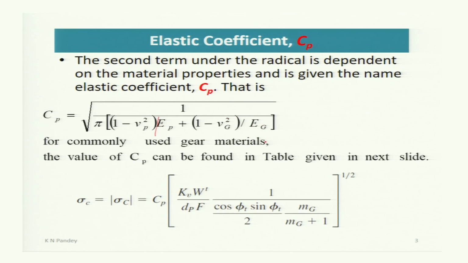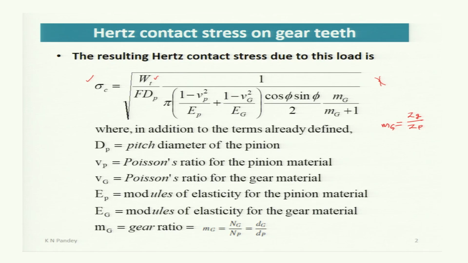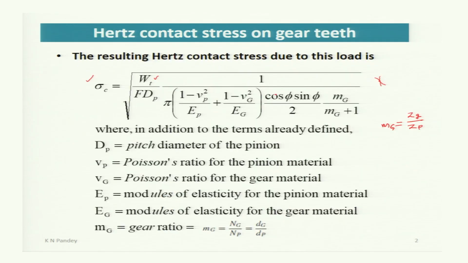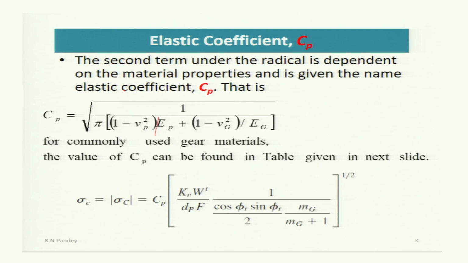For commonly used gear materials, the value of Cp can be found from a table which is given in the next slide. So, after substituting the value of Cp in the equation of contact stress sigma c, this whole term under root will come outside and be taken as Cp, and then Wt, dP, F and this term.